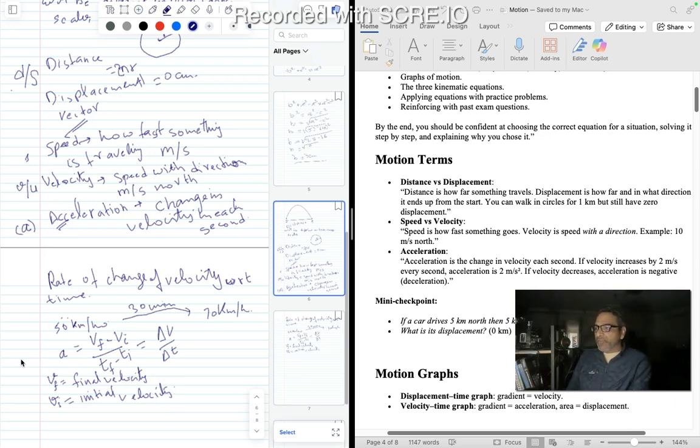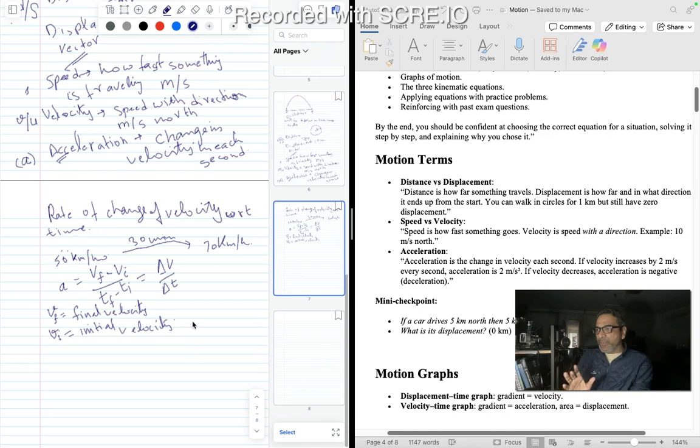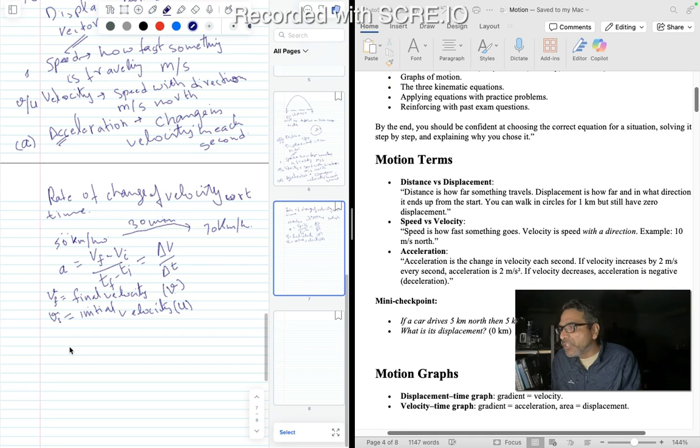So I'm using vf and vi because it is quite easy to understand. Sometimes in some question papers, because they don't want subscripts, it is straightforward: they mention the final velocity as v and the initial velocity as u. Okay, so whenever you are using equations, you should remember these notations as much as possible. Okay, now come back to the question itself.